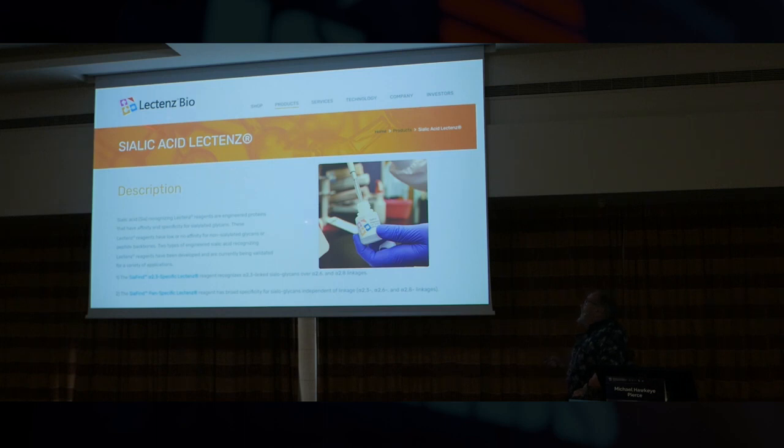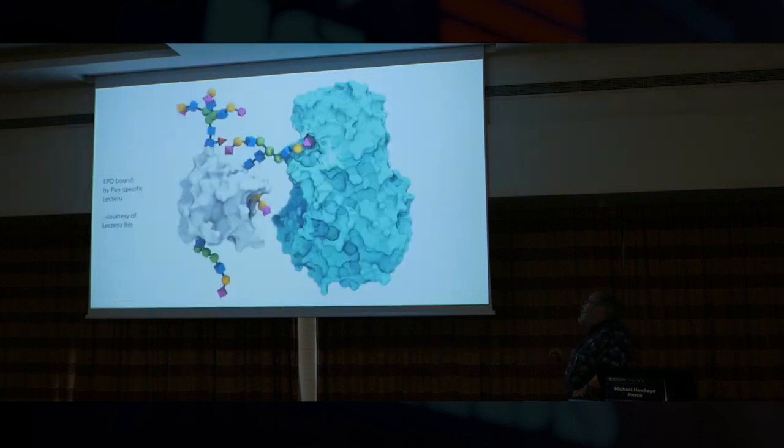And so one of the first reagents they've developed, or actually a couple of reagents, recognize all sialic acid, and then there's one that recognizes specifically alpha-2,3 linked sialic acid. So that's going to be the hook to be able to look at the sialome.